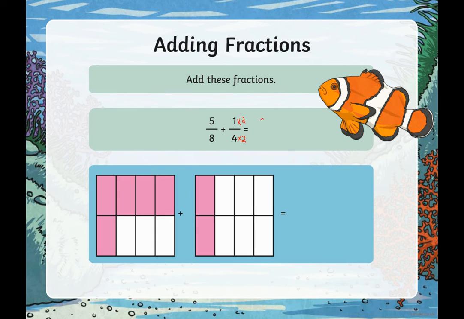Okay, so let's rewrite that. We've got 5/8 plus our 2 over 8. Realize that 5 kind of looks like a 3, so I'm just going to rewrite that. My apologies. Okay, 5 plus 2, that's 7. And our denominator stays the same, so we can go ahead and write that.